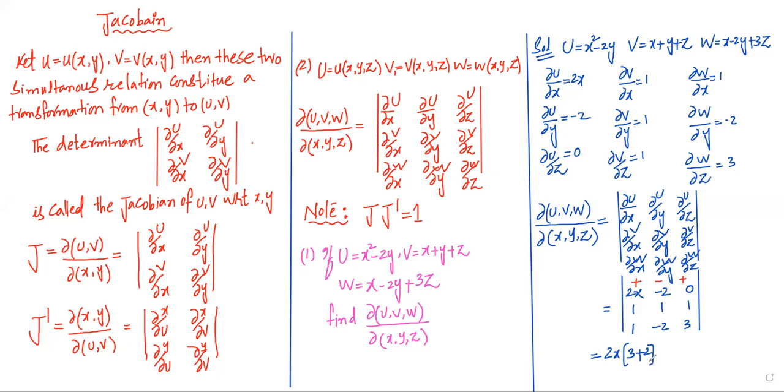The second row takes the minus sign: minus into minus plus 2, neglecting the corresponding row and column, 3 ones are 3, minus 1. The last one with 0, no need to do anything. This is 3 plus 2, 5. 5 twos are 10x, plus 3 minus 1 is 2, twos are 4. This is the answer of the first Jacobian problem. First problem completed. Note down this.